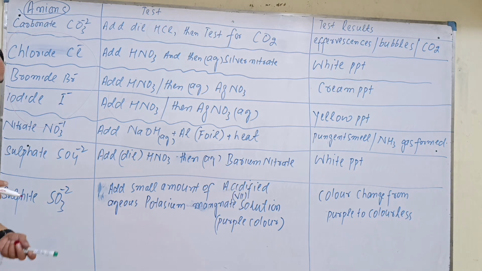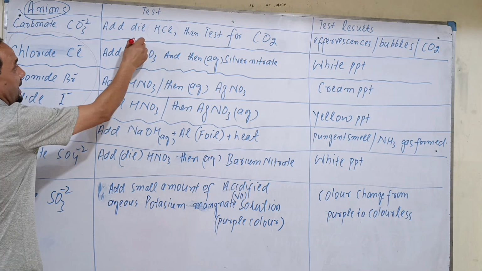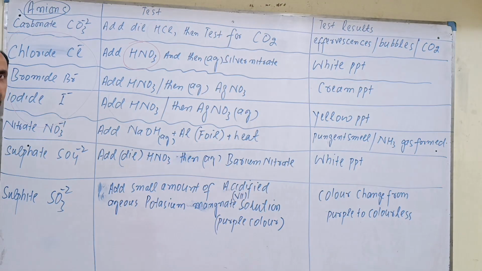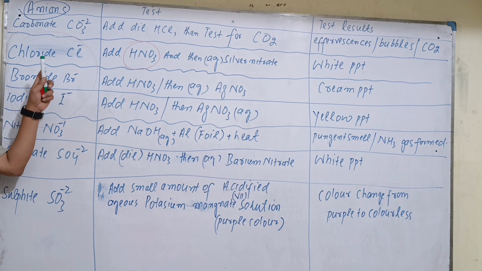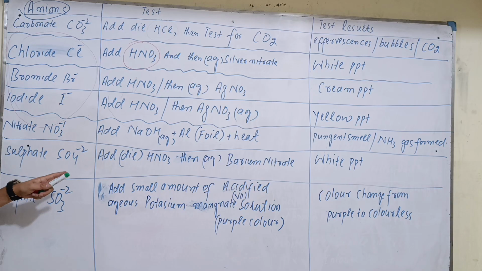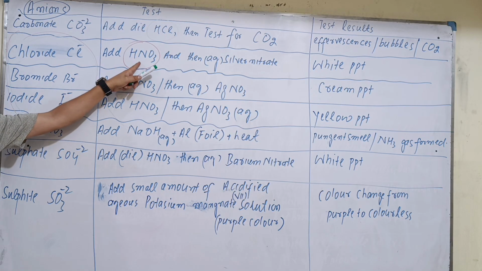Now the first question is: why are we adding nitric acid? Listen to the reason carefully. When we are testing halide ions, first we add nitric acid.